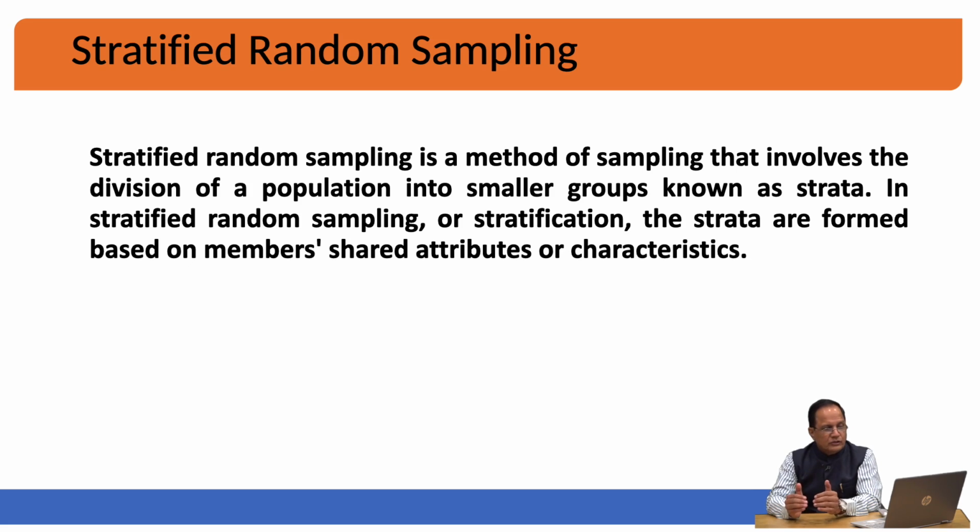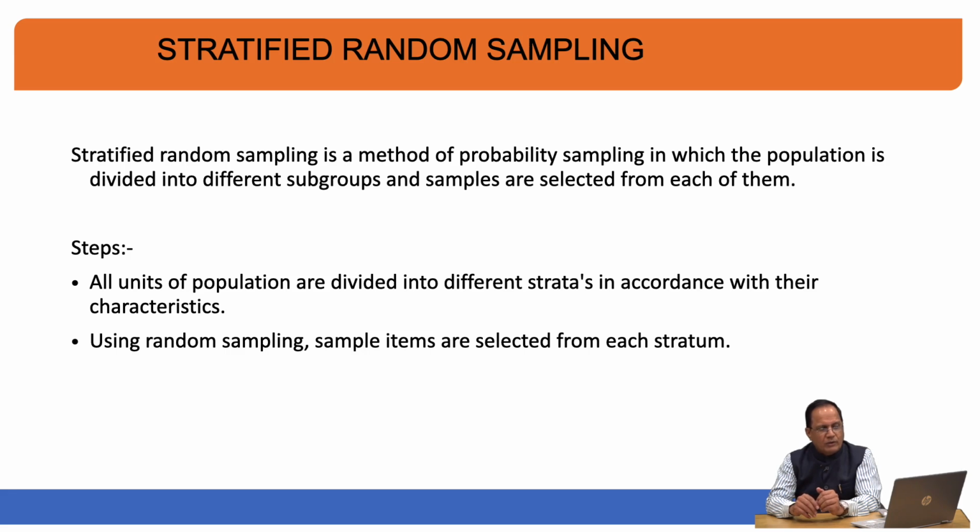Stratified random sampling is a method of sampling which involves the division of the population into smaller groups known as strata. In stratified sampling, we will subdivide the given population into certain groups, and in stratified random sampling or stratification, the strata are formed based on members' shared attributes.